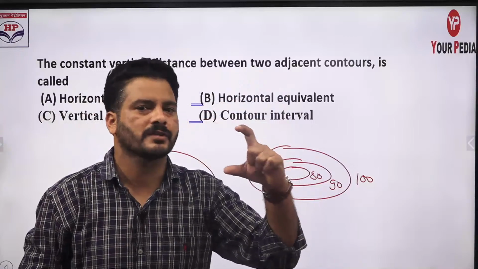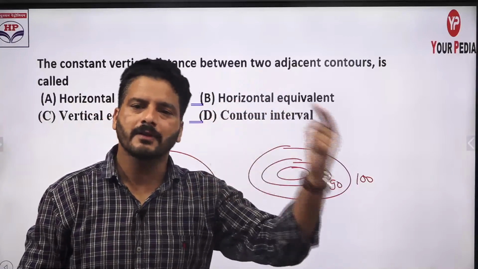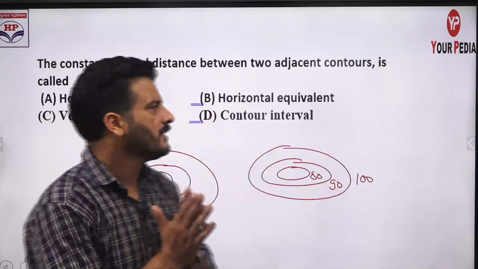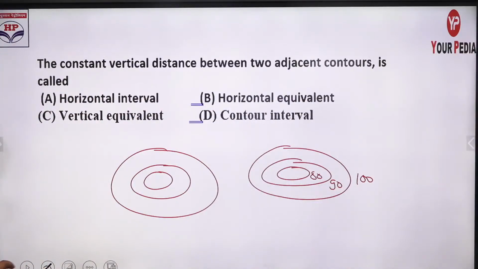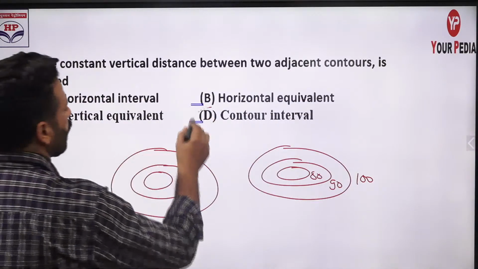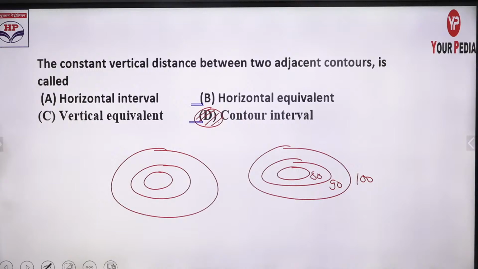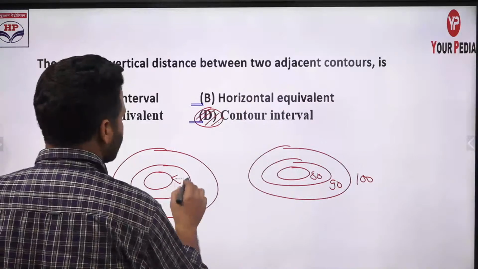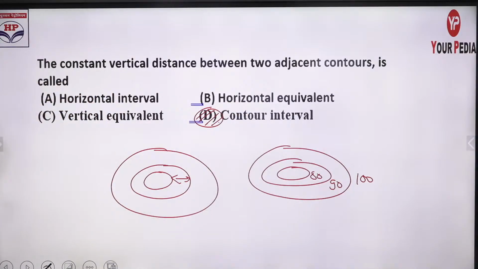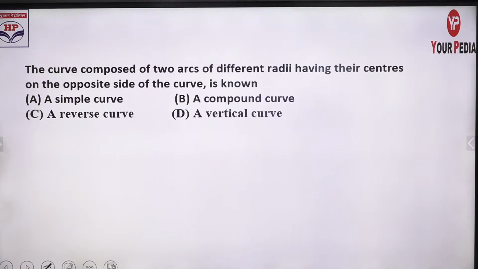It is always constant. For a given contour map, the contour interval should always be constant. So that vertical distance is known as contour interval, option D will be the answer. Very basic question. The horizontal distance is known as horizontal equivalent. Fine. Okay, so let's proceed ahead.